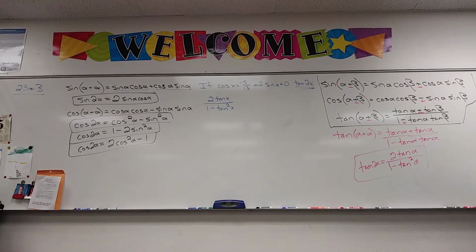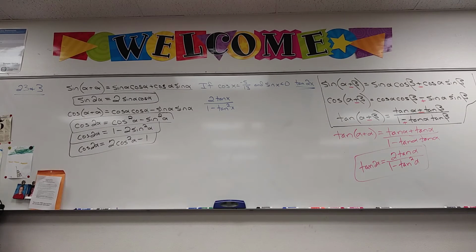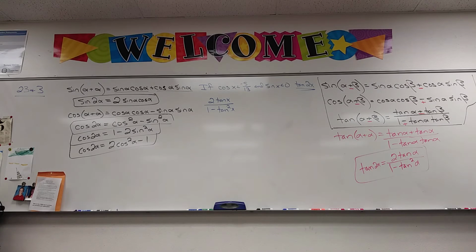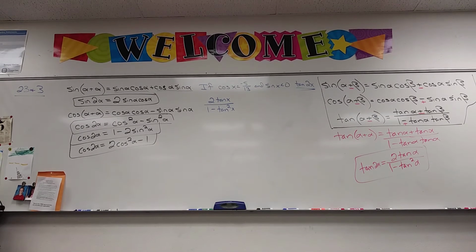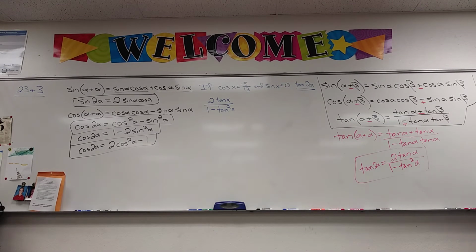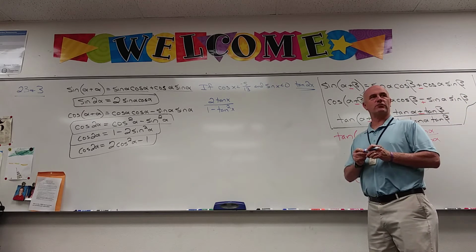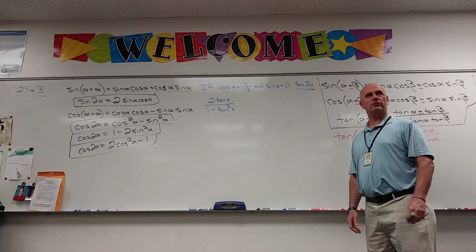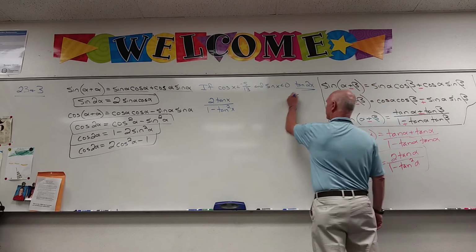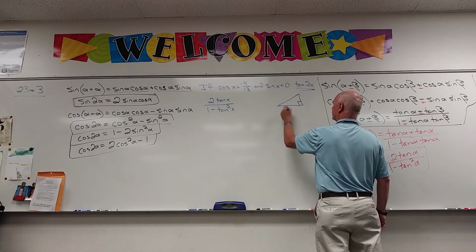What's the problem? We don't know tangent. Can we find tangent? Yes. How? Draw a triangle. We're going to be drawing lots of triangles. It is a shame that you guys don't know how to use triangles for sine and cosine and tangent. Oh, wait, you do. Oh, then that should make it easy. Here's our triangle. Here's our x.